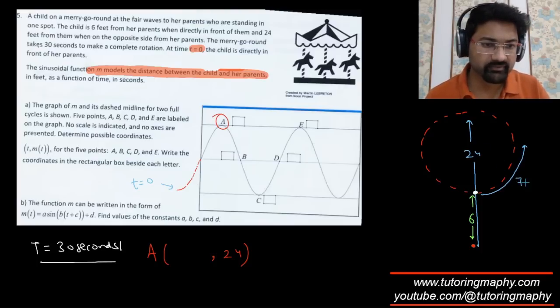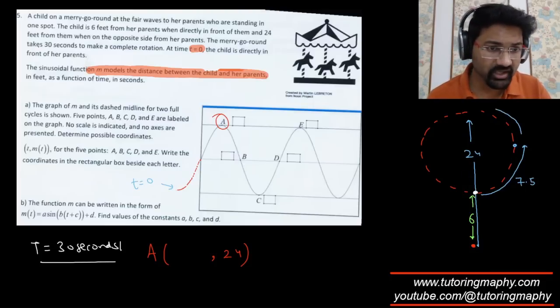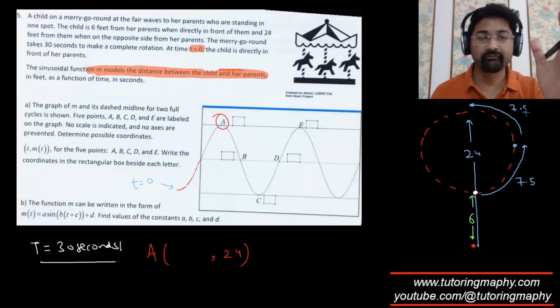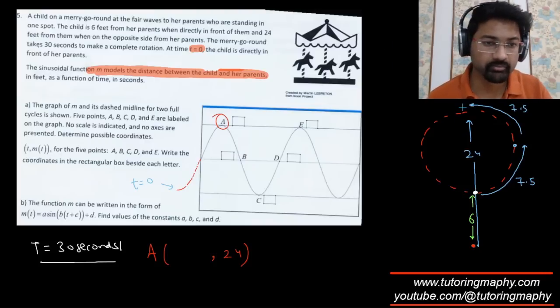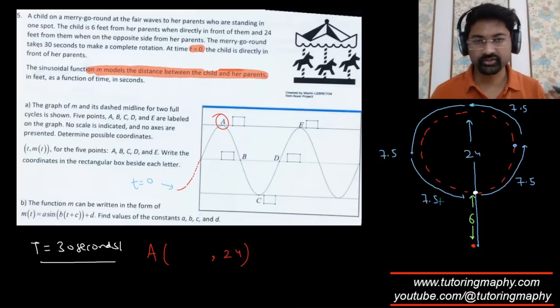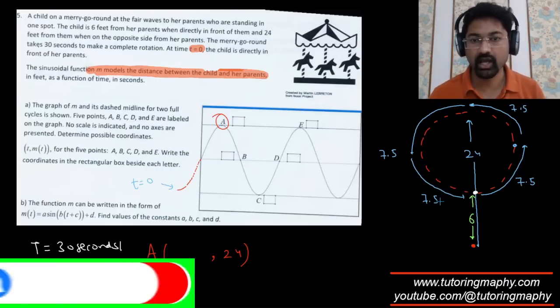It will take 7.5 seconds to reach a quarter, another 7.5 seconds to reach the farthest point from her parents, another 7.5 to come back to this position, and once again 7.5 to reach the shortest distance. So 7.5 four times makes 30 seconds, which adds up.